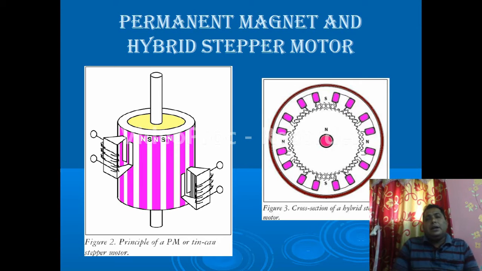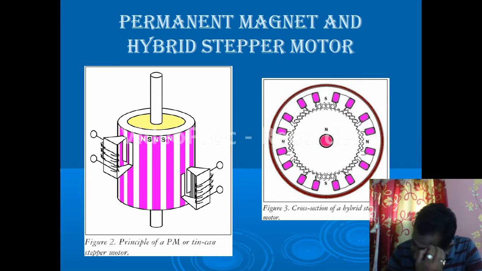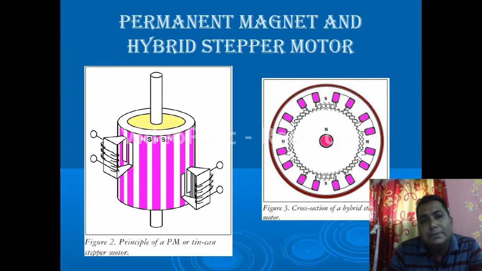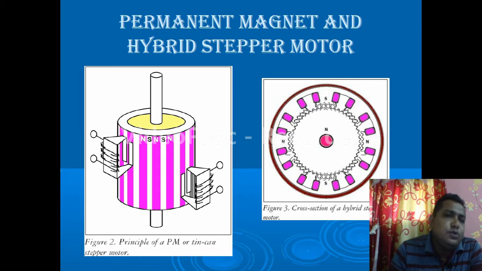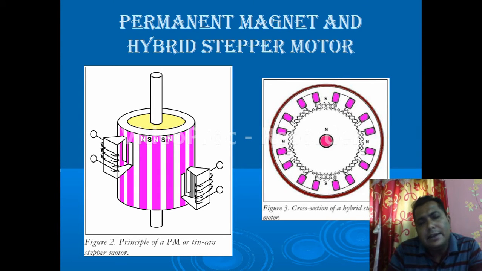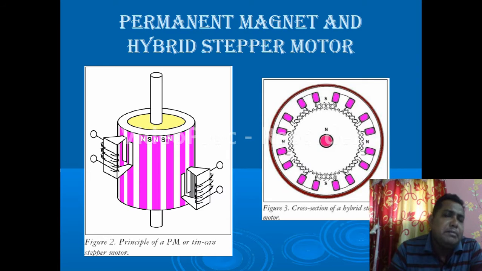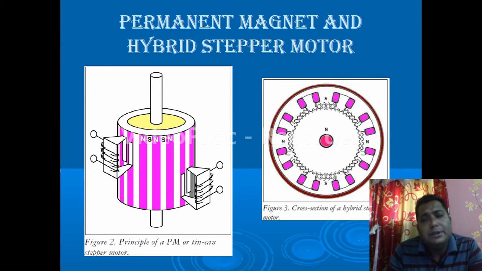Now, this is the permanent magnet and hybrid stepper motor. In this particular picture there are two diagrams. The left hand side diagram shows the permanent magnet stepper motor, and the right hand side diagram shows the hybrid stepper motor.